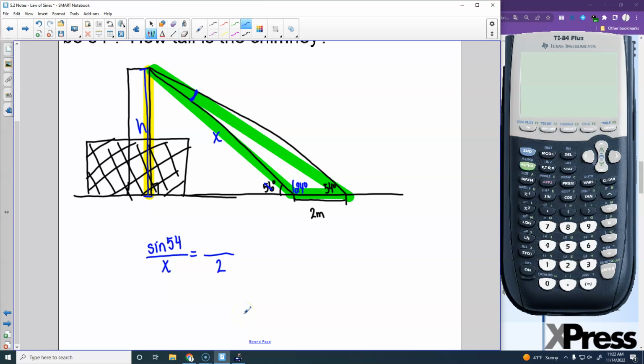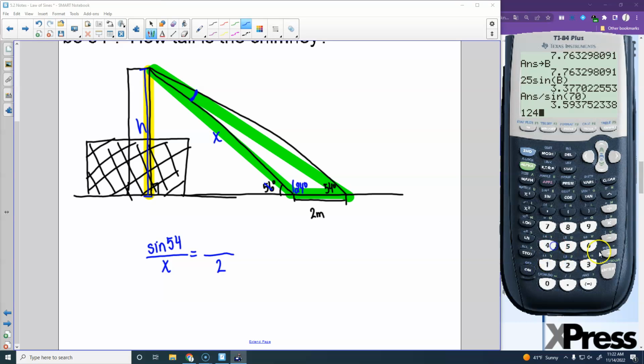So that obtuse angle is 124. Then what would I have to do to find this little tiny angle up here? Good, so if I do 124 plus my 54, I get 178. Subtract that from 180. This angle right here is 2 degrees. You'll find that it is always the difference between those two angles in this particular situation.